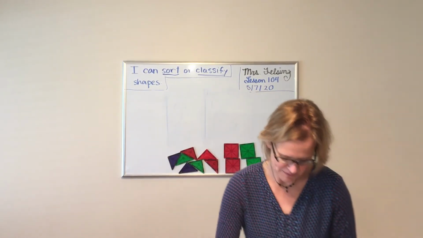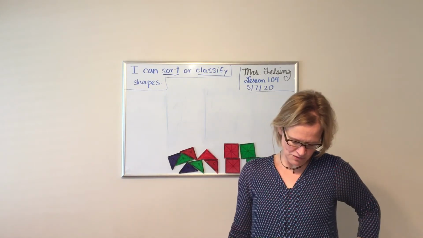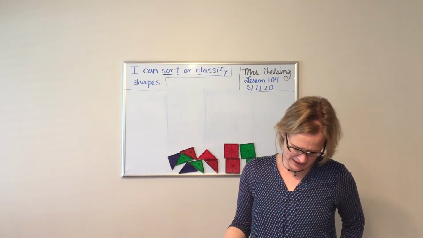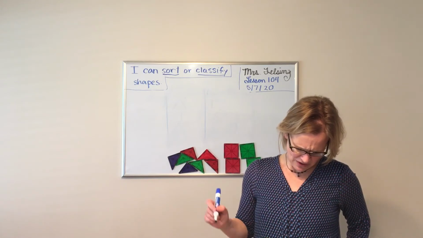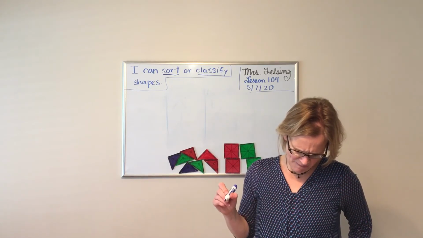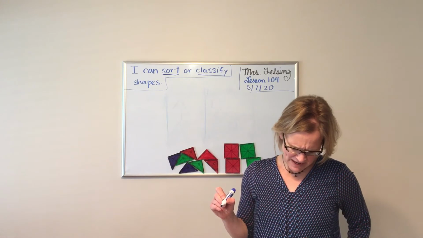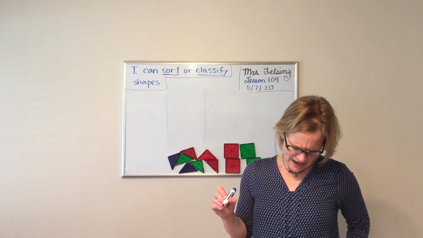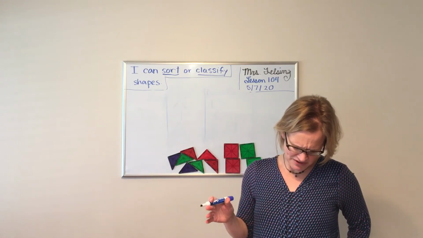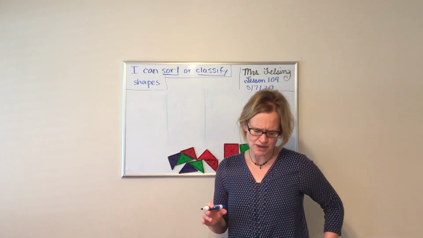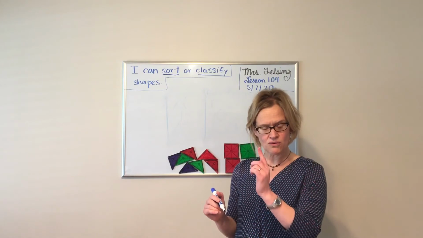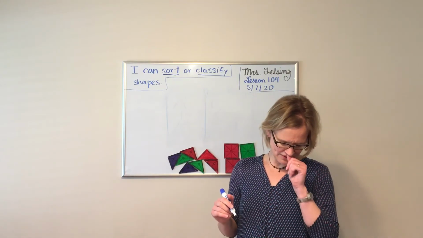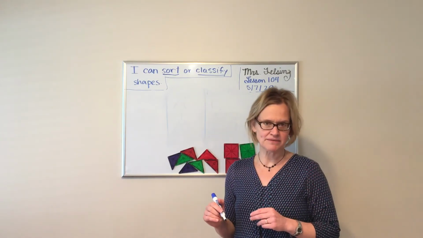Okay, and letter B says describe how the solids in group 1 are alike. So I'm looking at the solids, and I see them. And I know that they all have corners on them. And I'm looking and I'm trying to understand how they're different. And if you look at group 2, the bottom 2, you have a sphere, and then you have a cone, and then you have, it looks like a pyramid, right?